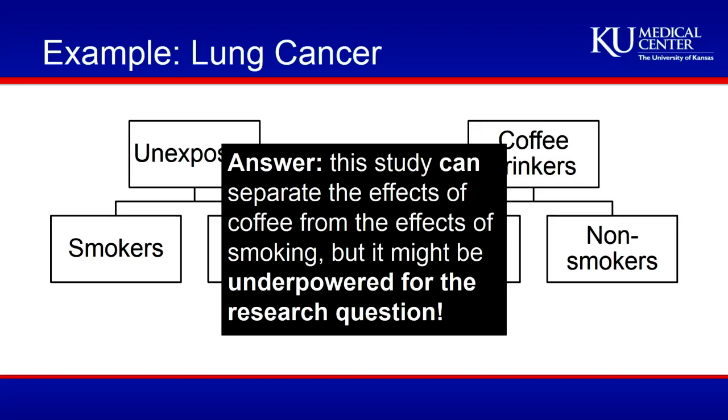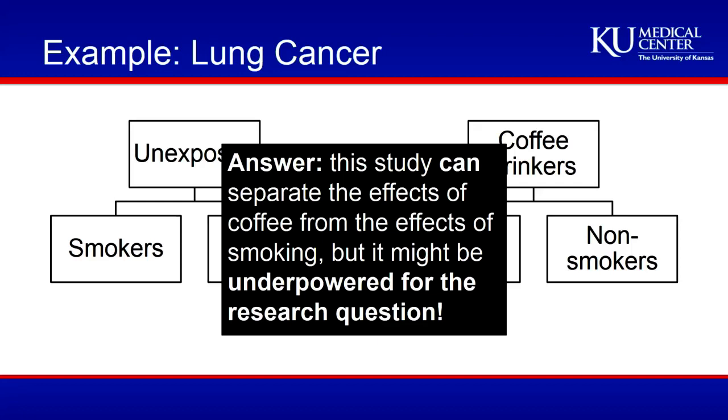In statistics, that term is power. The power of a study is its ability to find the thing that it's looking for. And here we might actually miss an association between coffee drinking and lung cancer because we have too much noise in the data, that noise coming from smoking.